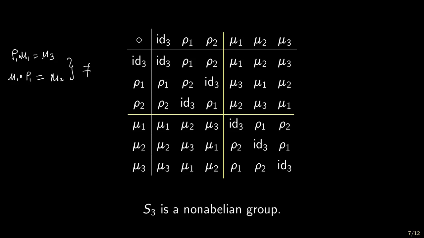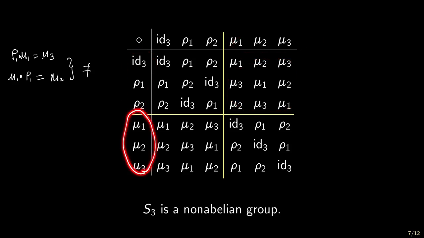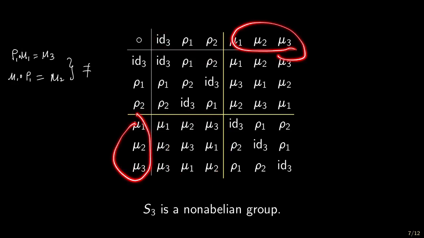What do you notice? The product of rhos among themselves is a rho again. How about the product of a rho and a mu? You see that the product is a mu. The product of mus with a rho is a mu. And the product of mus among themselves is a rho.